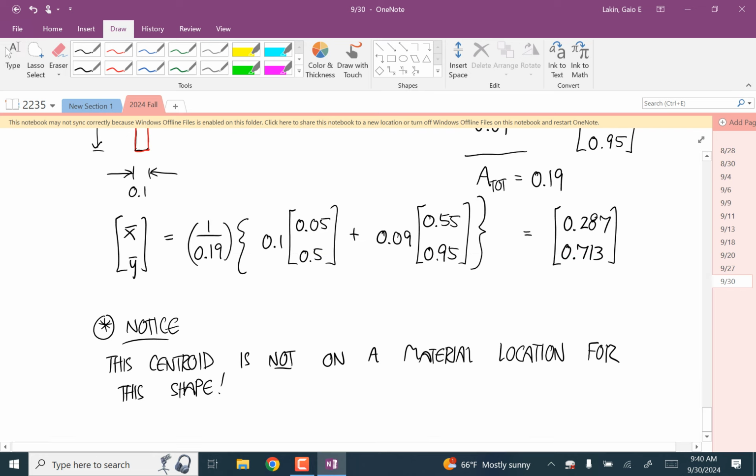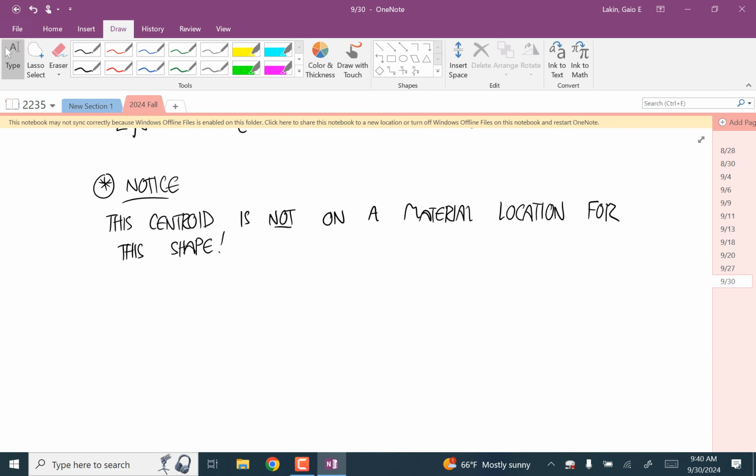Okay, so now we're going to do this the other way with subtraction. We better get the same thing. So this time we're going to think of it as a big square, and that's our shape 1.